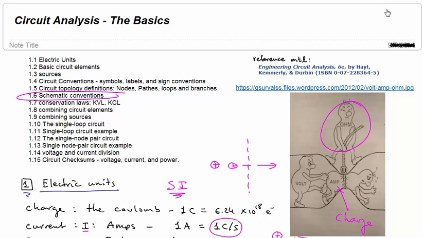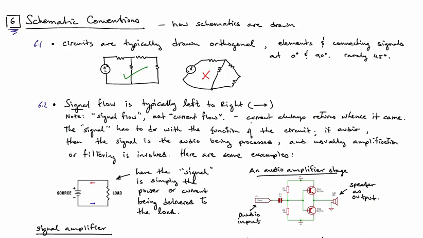We now want to talk about some schematic conventions. So first, circuits are typically drawn at right angles, so orthogonal: 0, 90, 180, 270, and so forth. Occasionally, you will see things that are drawn at 45.